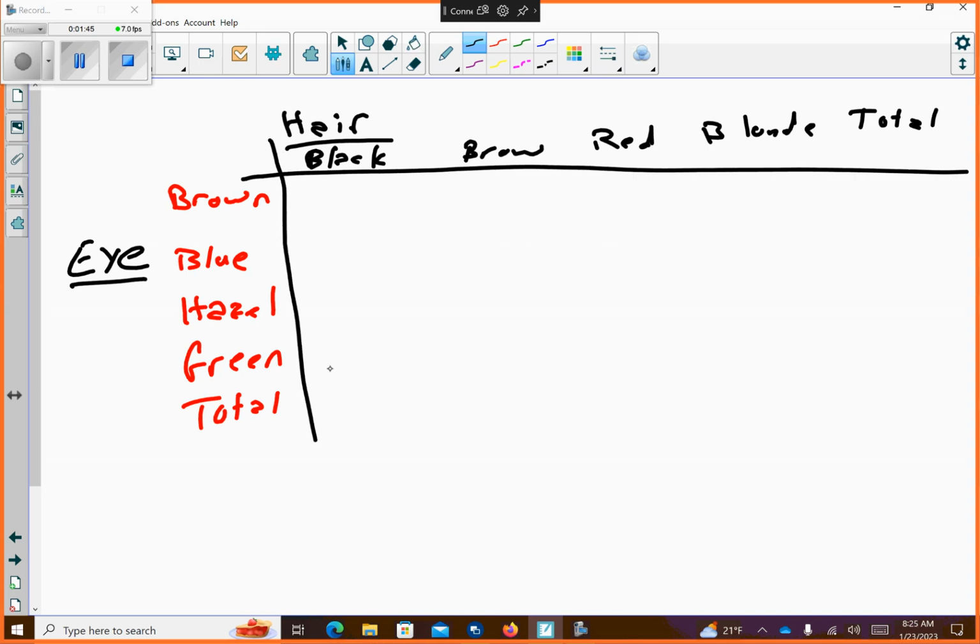And so they just fill this out. We have 7, 2, 2, 1 for a total of 12 here. And then brown, we have 12, 8, 5, 5. So then we have a total of 28 people of these.